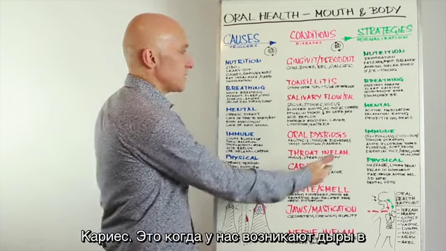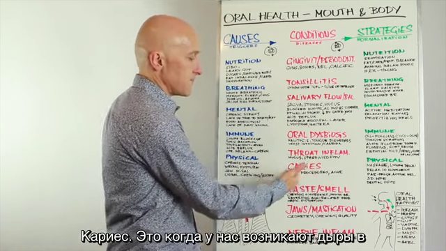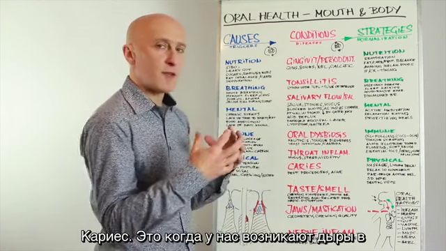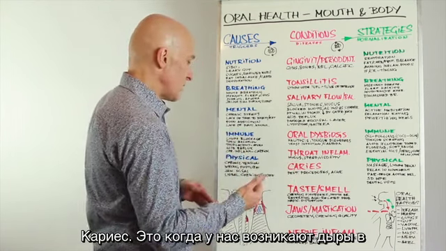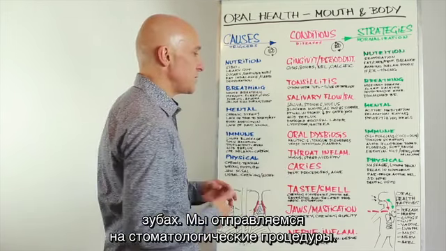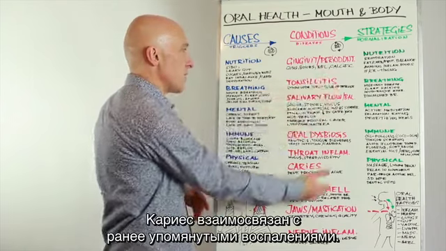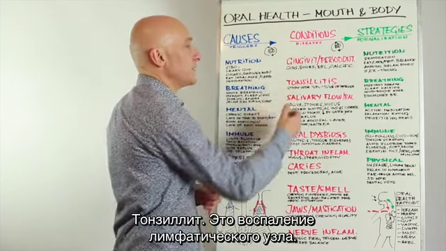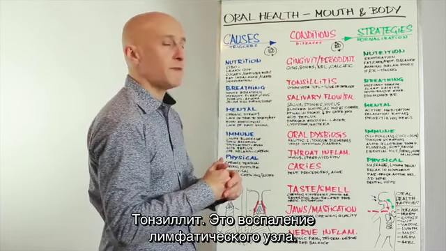And so it's caries. We have holes. We will go to dental procedures. Those are interconnected. And then we have tonsillitis. That's the inflammation of the lymph node.